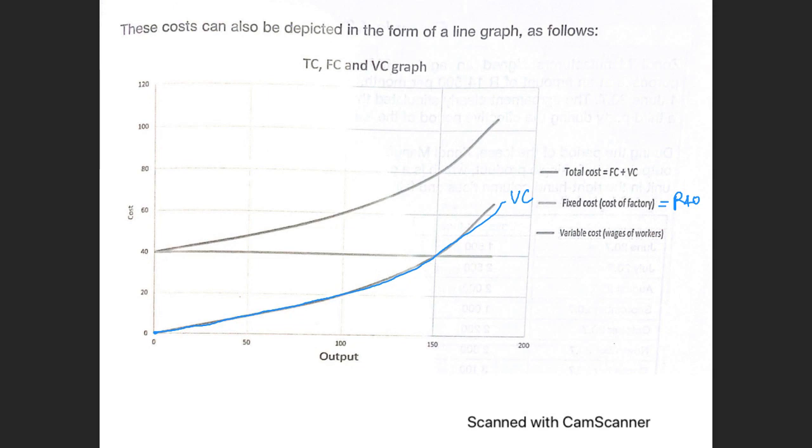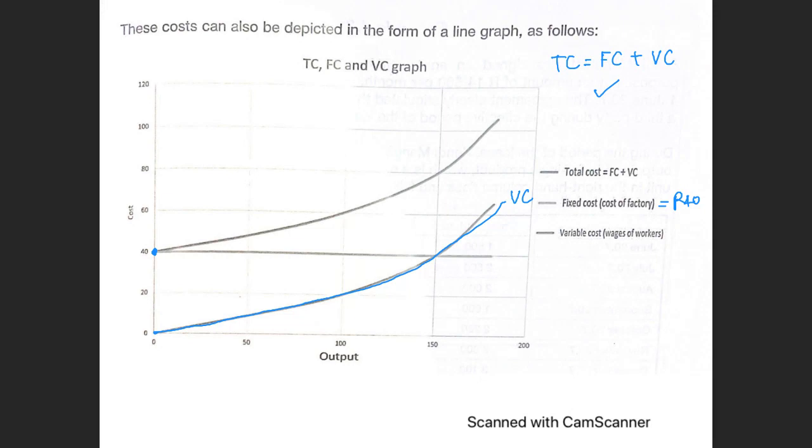And then your total cost is the sum of both your fixed and your variable component. So your total cost is made up of your fixed cost plus your variable cost. And for this reason, instead of starting at the origin, it always starts at the same point as your fixed cost curve. This is because there will always be a fixed cost associated with that specific level of activity.